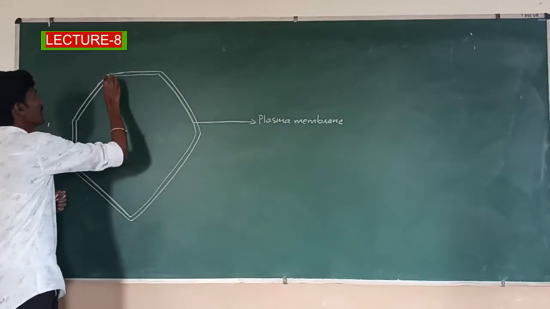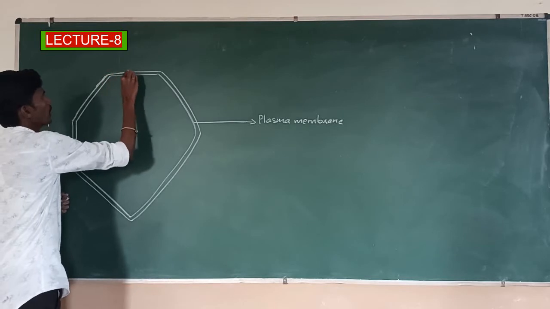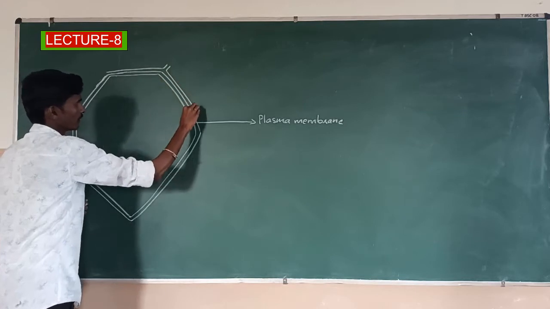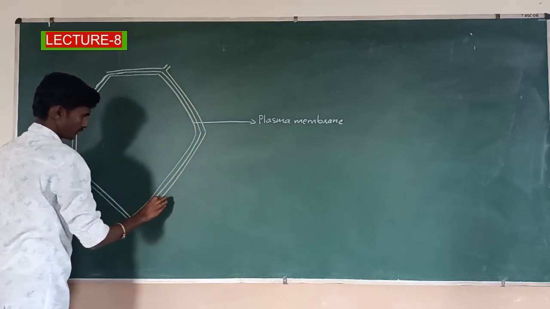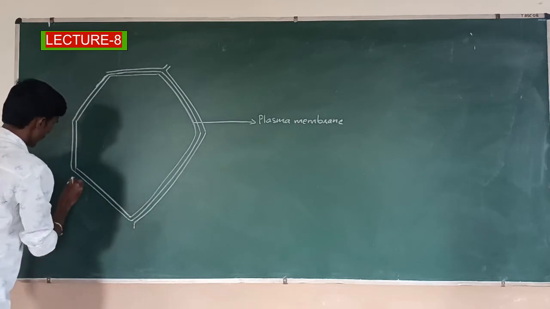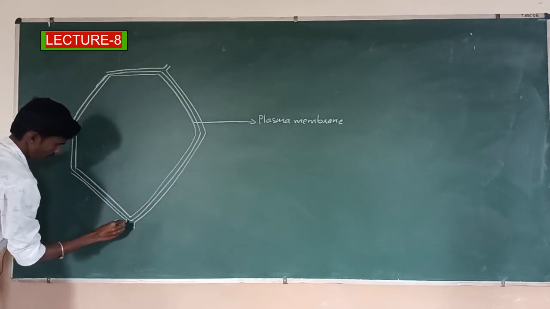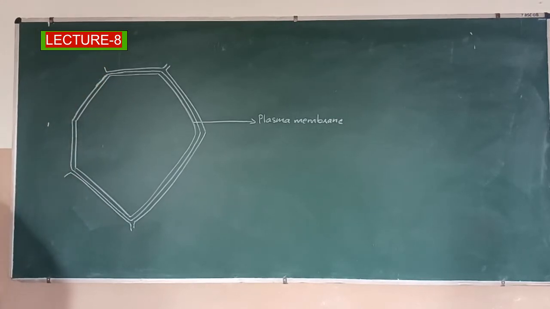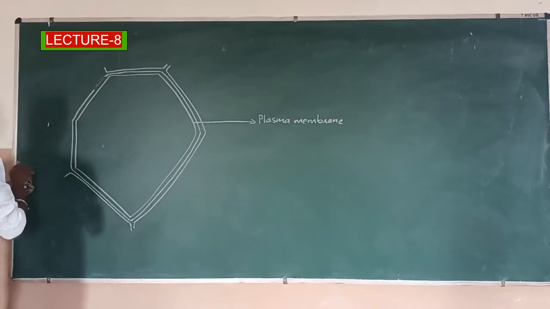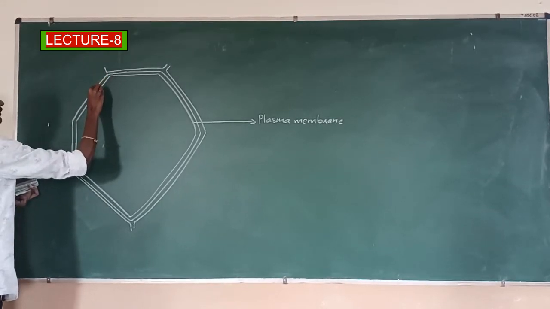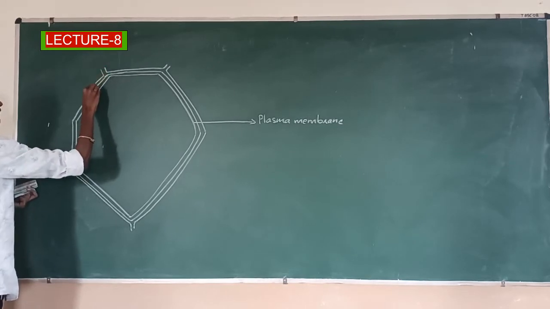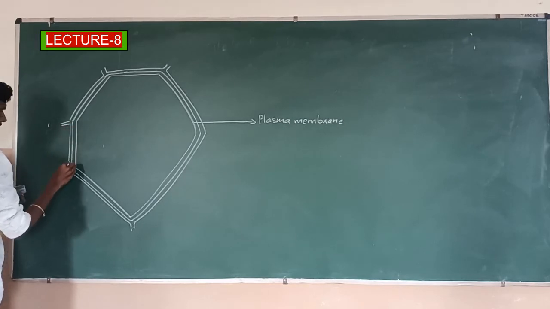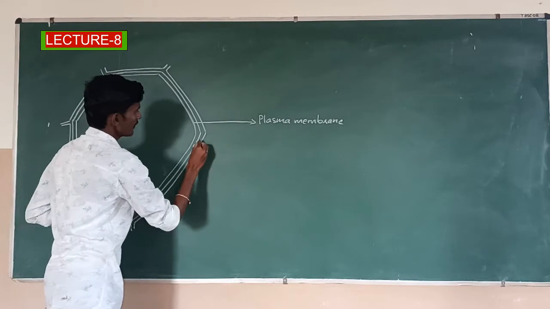The plant cell has this additional rigid outer covering, called the cell wall.